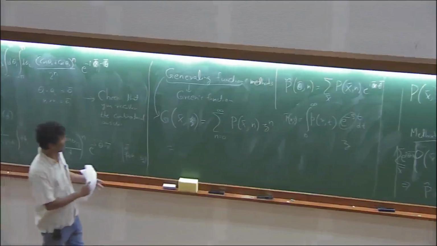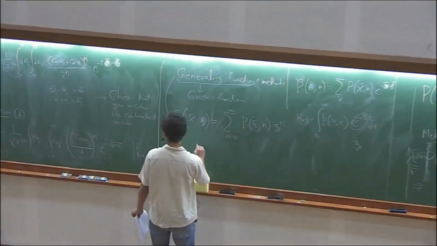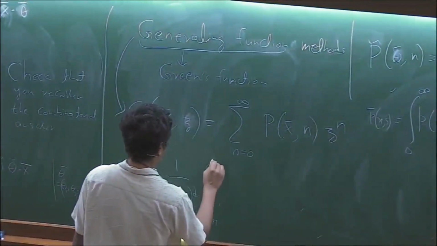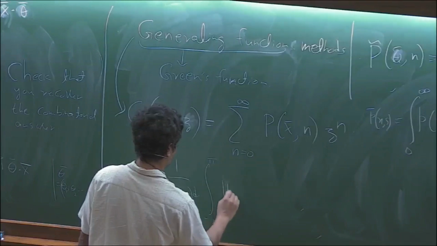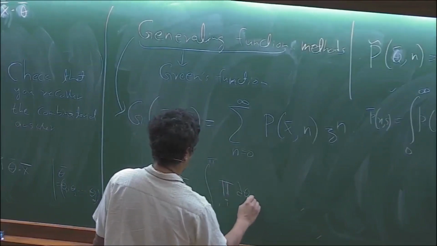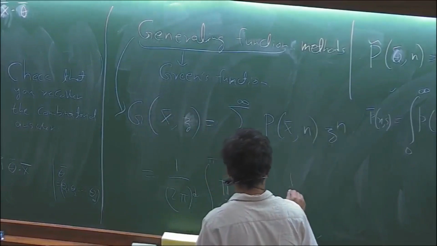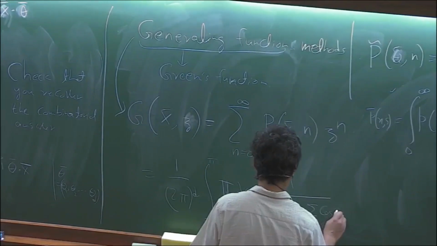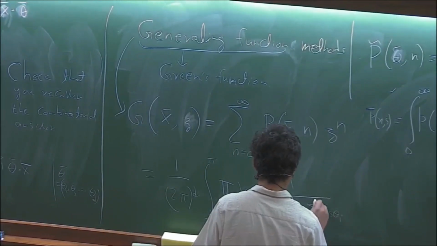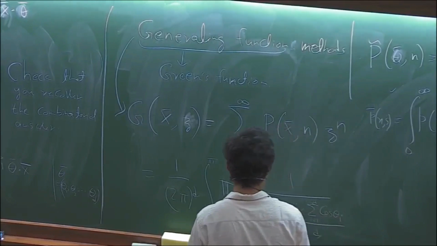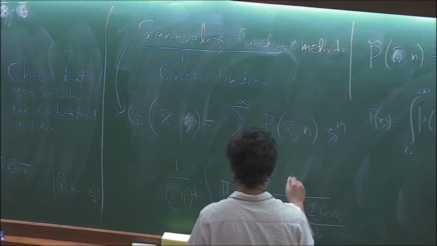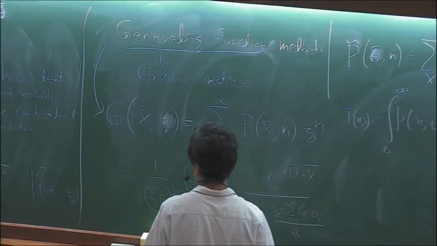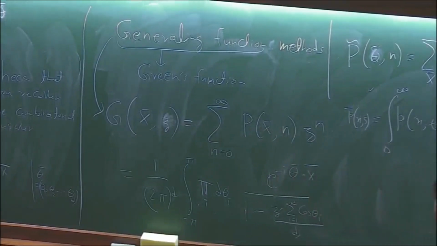So you can immediately write this as 1 by, and that's the expression for the Green's function.